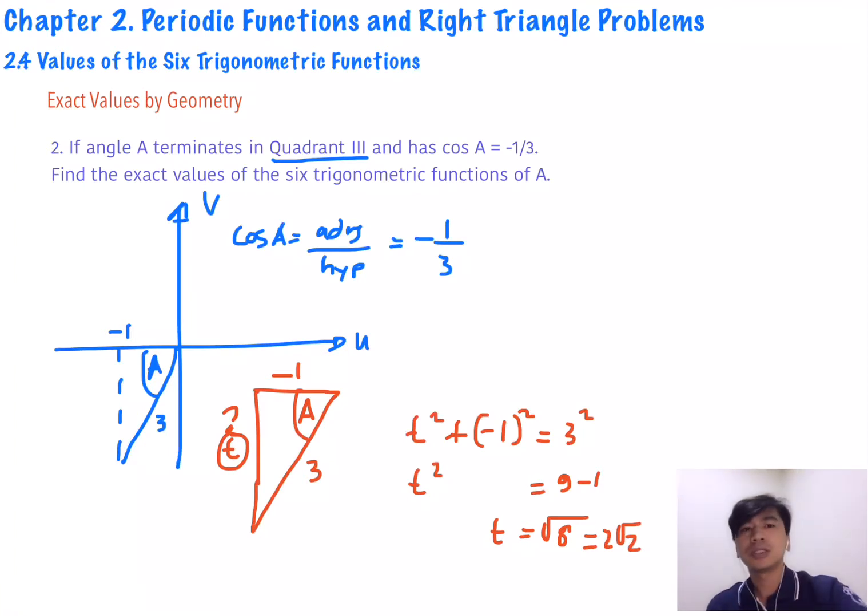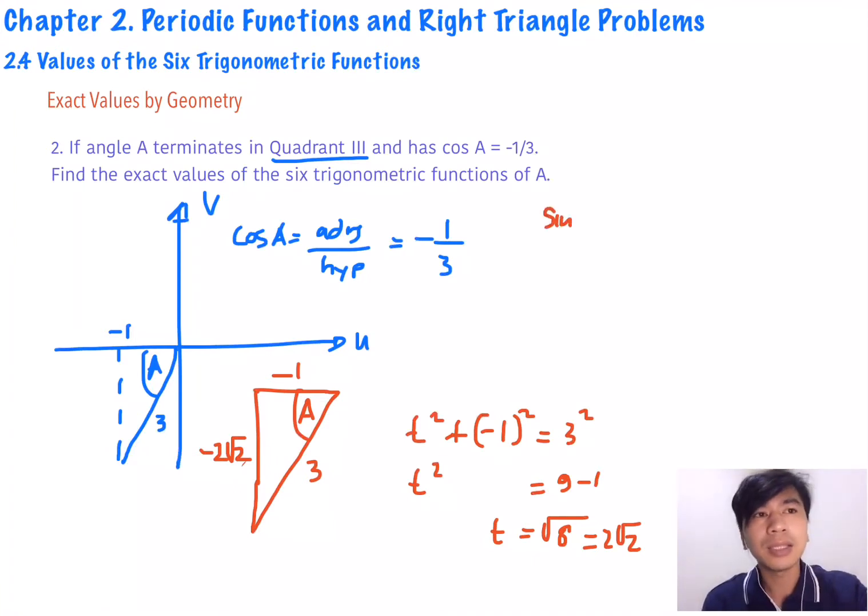Now I can change this into 2 square root of 2, but I must be careful since this is on the third quadrant, so it will be -2 square root of 2 or negative square root of 8. If I know that, then I can answer what is sine A, cos A, and tangent A. Let's fix this first and then we'll go to the other three.